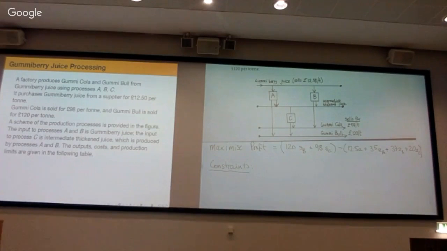So the constraint is called juice continuity. It says that the amount you buy is exactly equal to what leaves the pipe, and that's the amount you put into A plus the amount you put into B.